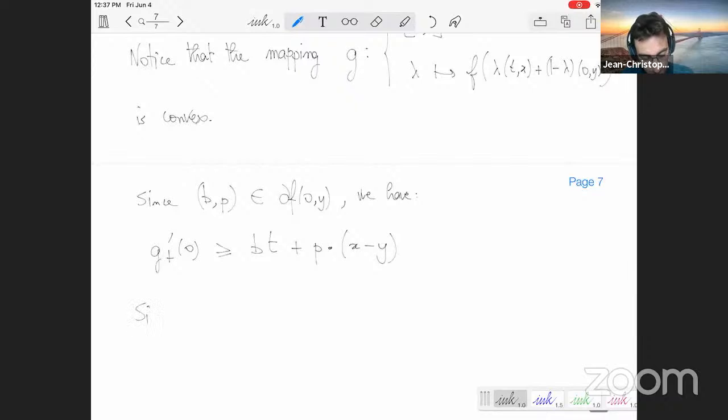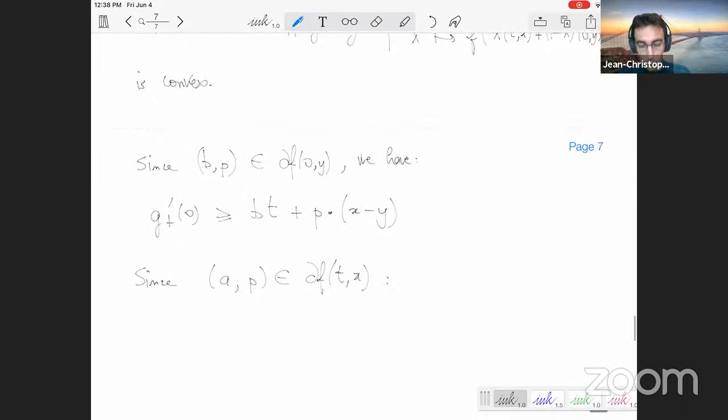But now I also have that (a, p) is in the subdifferential at (T, x). And so when I compute the derivative of g at 1, I write g prime minus to indicate the left derivative, and g prime plus to indicate the right derivative. But the function is just defined on [0, 1] anyway, so it's a bit spurious.